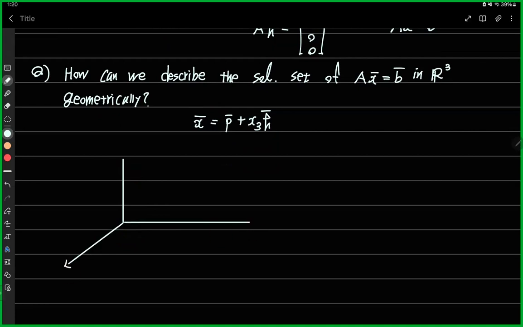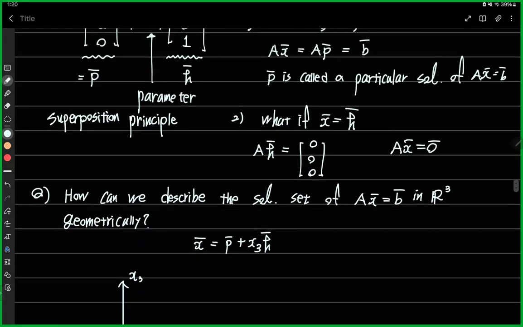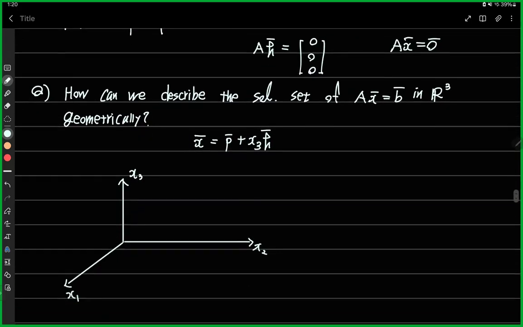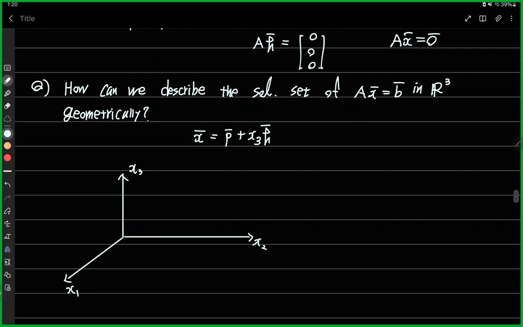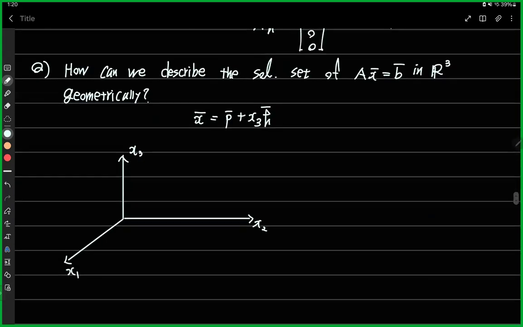This is x1, this is x2, and this is x3. So p is negative 2, negative 1, 0, so it should be on the x1, x2 plane.